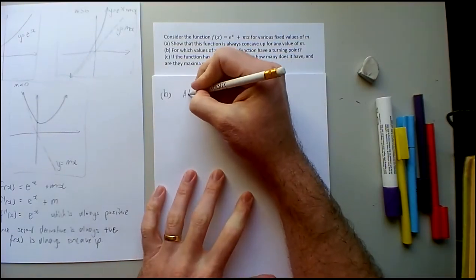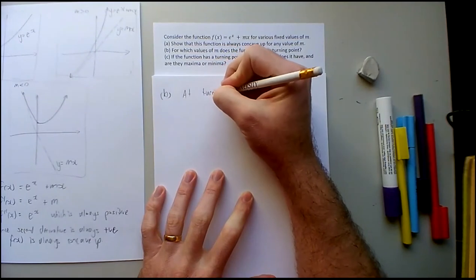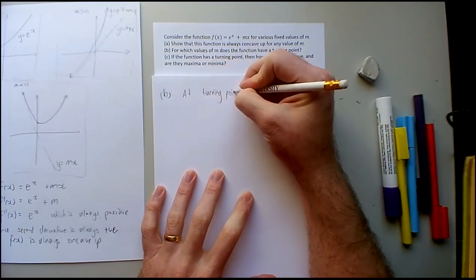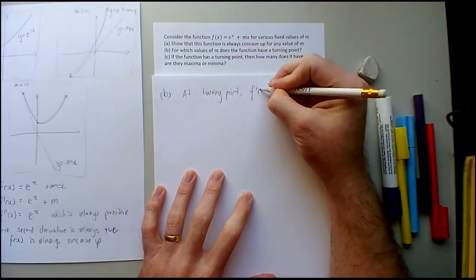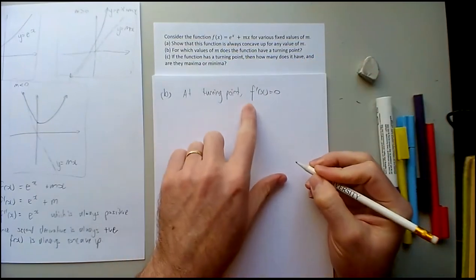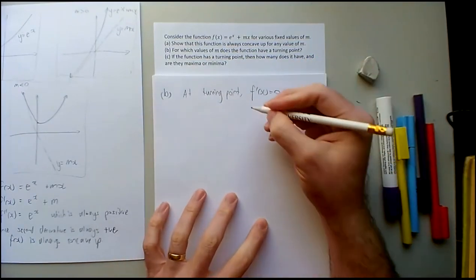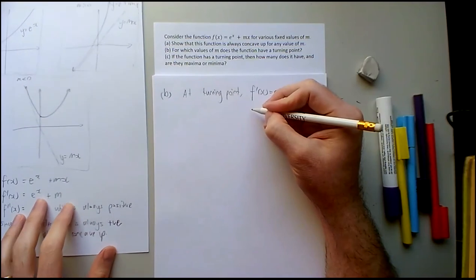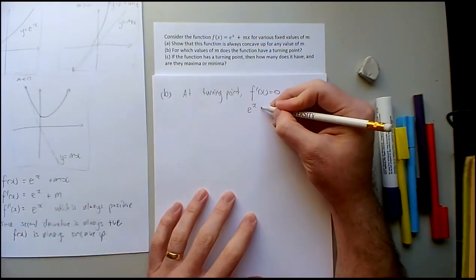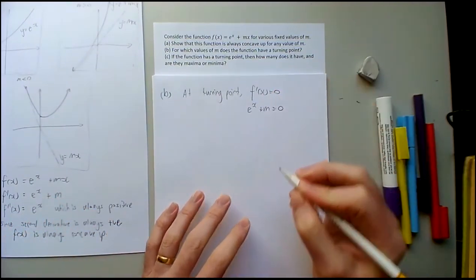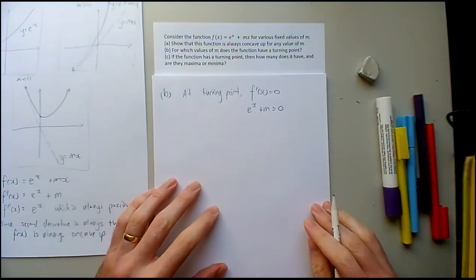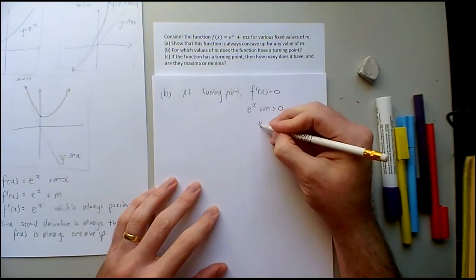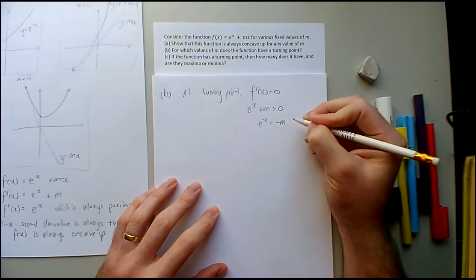So at a turning point, f dashed x is 0, and f dashed x was e to the power of x plus m. So that would be 0. And so e to the power of x would have to be minus m.